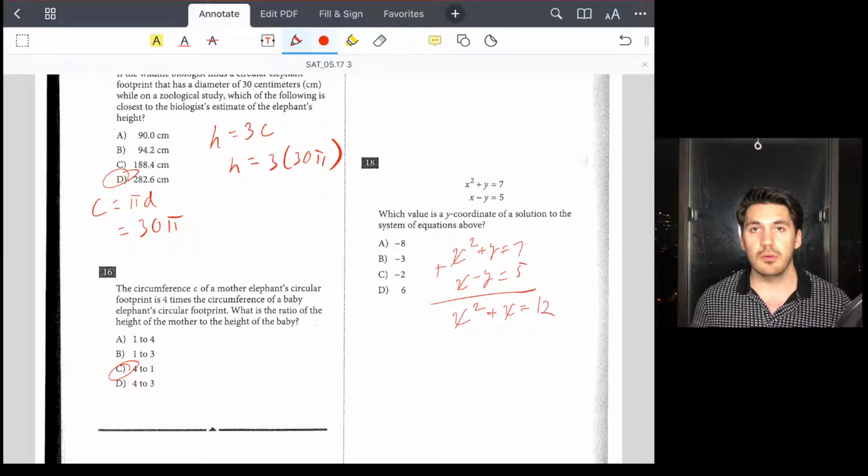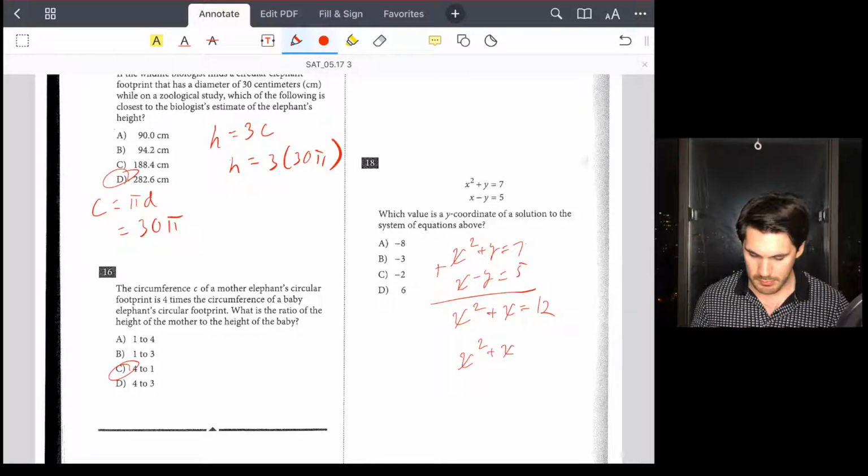So now we're going to solve for x in order to get y. The way we're going to solve for x is we're going to set this equal to 0. So x squared plus x minus 12 equals 0. Then we're going to factor it. x plus 4 times x minus 3 equals 0. So x equals -4, x equals +3.